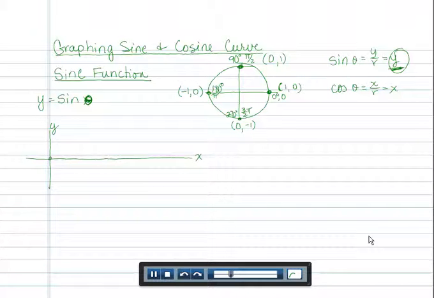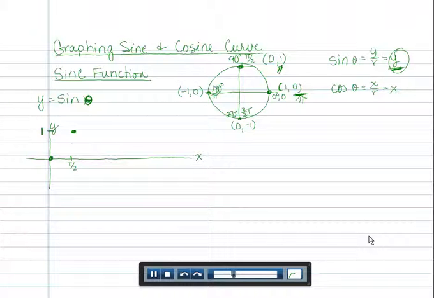So let's sketch 0 radians. At 0 radians, the y value happens to be 0. So we're going to be right there. At pi halves, the y value happens to be 1. So we're going to assume this is 1 right here, so it's going to go up to here.